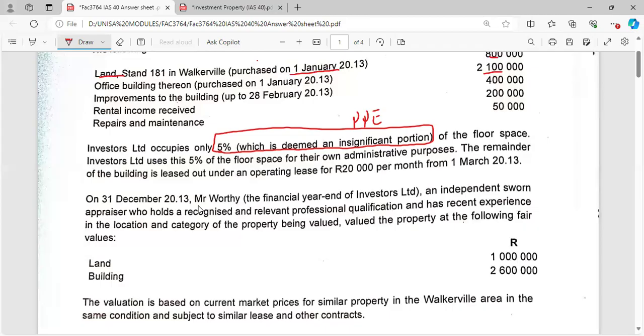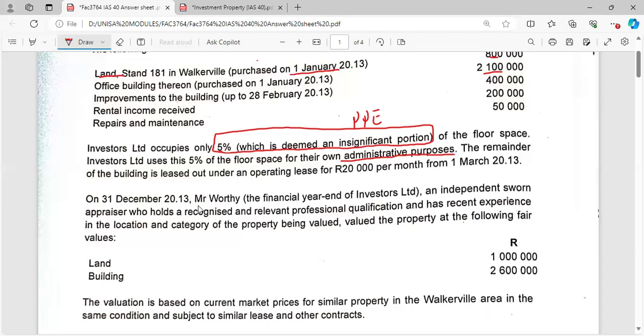Then they say Investors Limited use this 5% of the floor for their own administration purposes, but because it's insignificant, we take the whole property as investment property. But if it was significant, we would need to share between investment property and PPE.